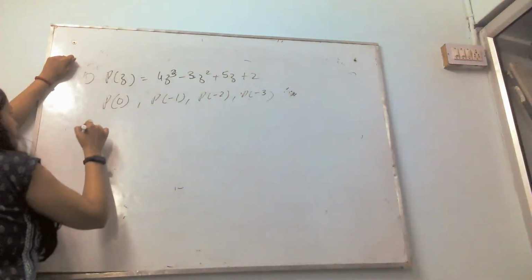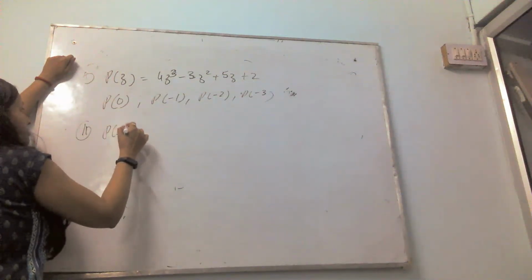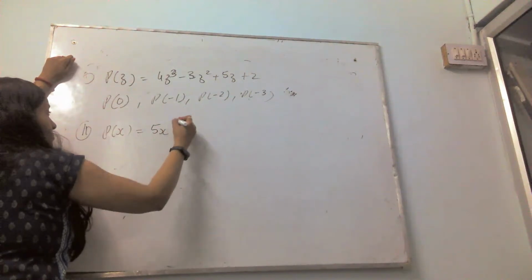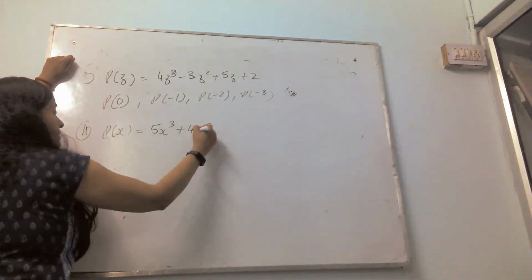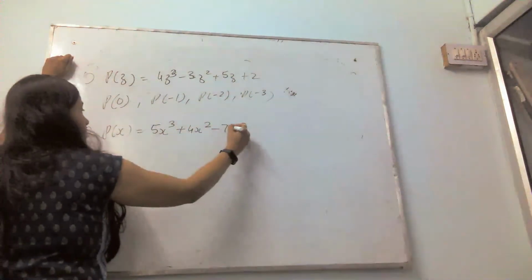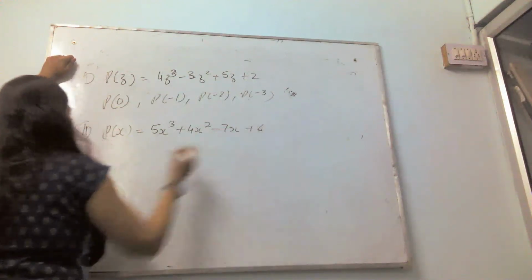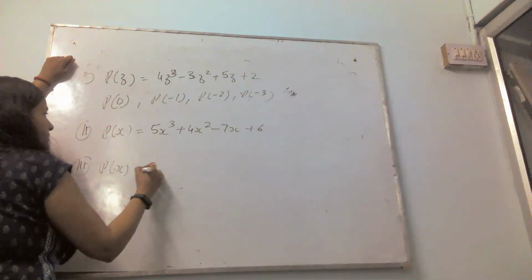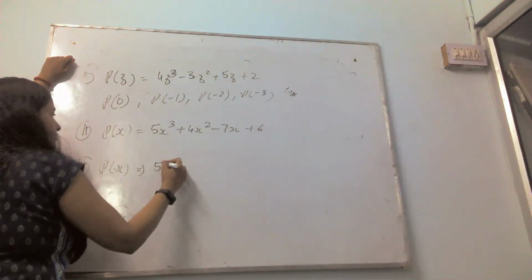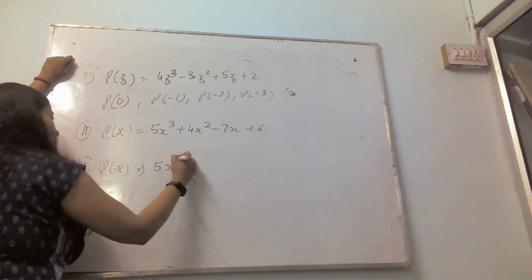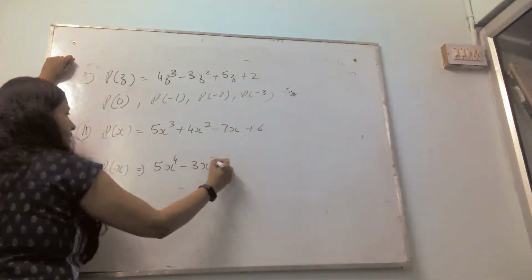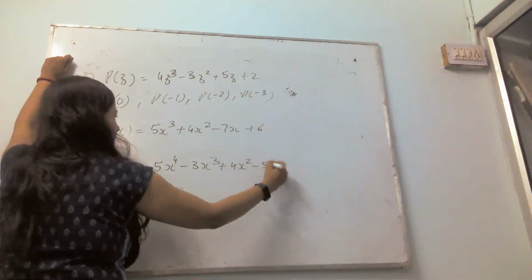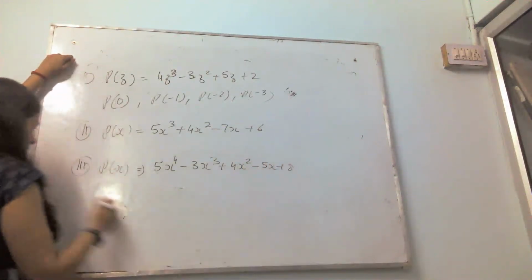First question. Second, a polynomial in the form of x: 5x to the power 3 plus 4x square minus 7x plus 3. Next, p(x) equals 5x to the power 4 minus 3x cube plus 4x square minus 5x plus 6.